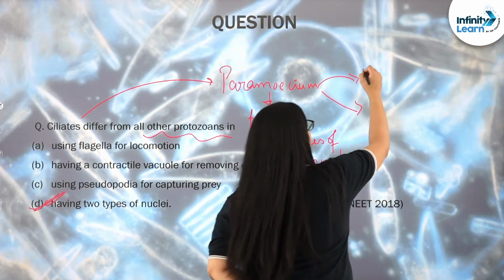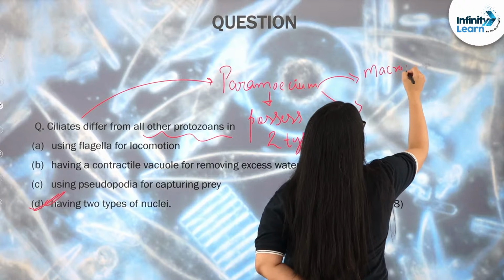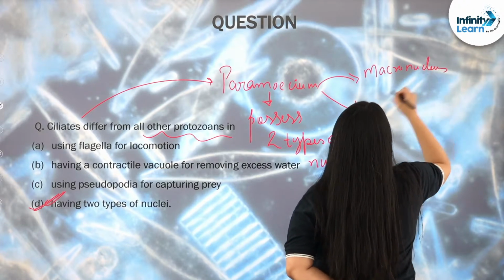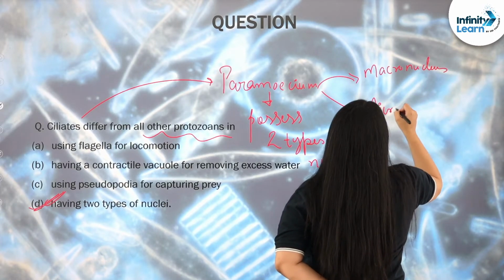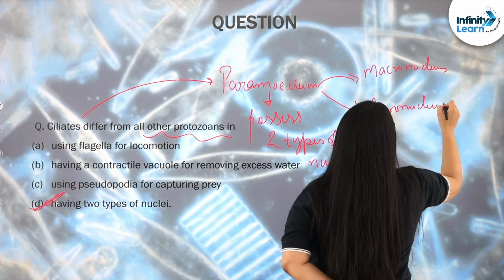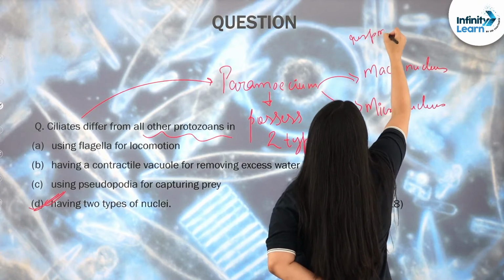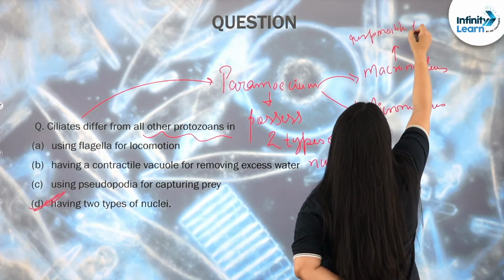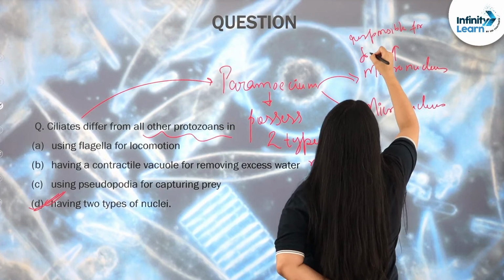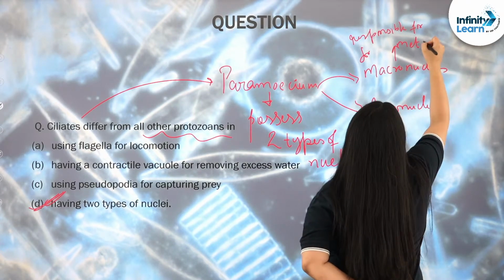And see students, one is known as macronucleus and another is known as micronucleus. Macronucleus is responsible for, please note this, responsible for metabolic activities.